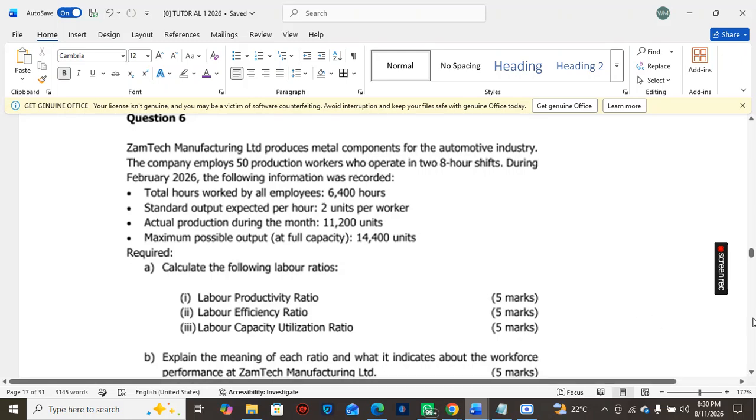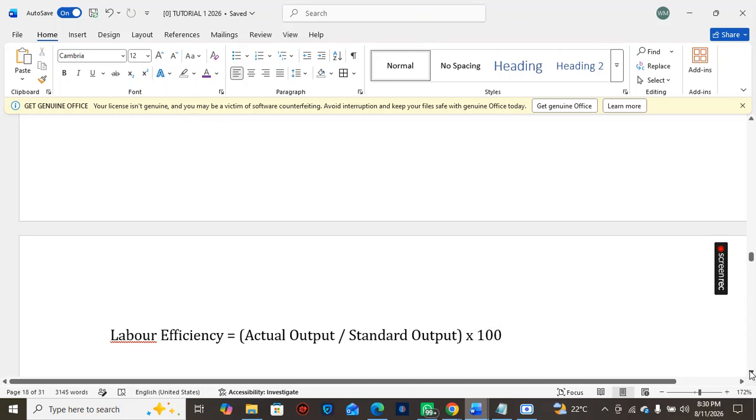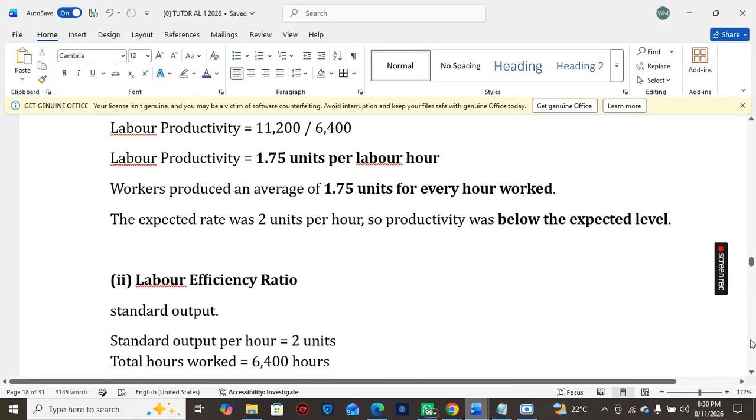Okay, labor efficiency ratio: actual output over standard output, times 100.